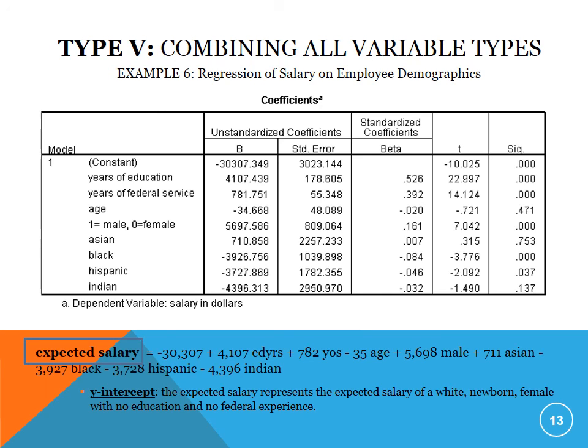So the y-intercept is telling us the expected salary when someone has attained 0 years of education, has not worked a day in their lives as a federal employee, is a newborn, 0 years old, female, because that's also 0, and when all these other race categories are 0, which means that you are a white employee.